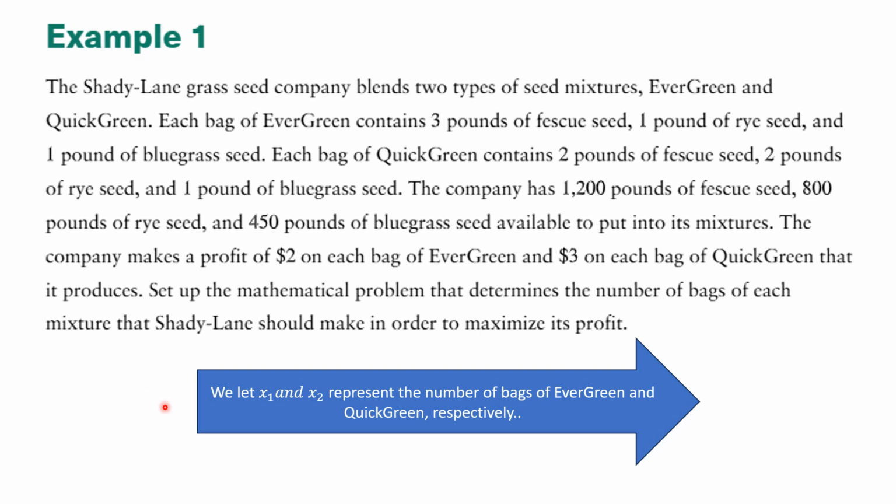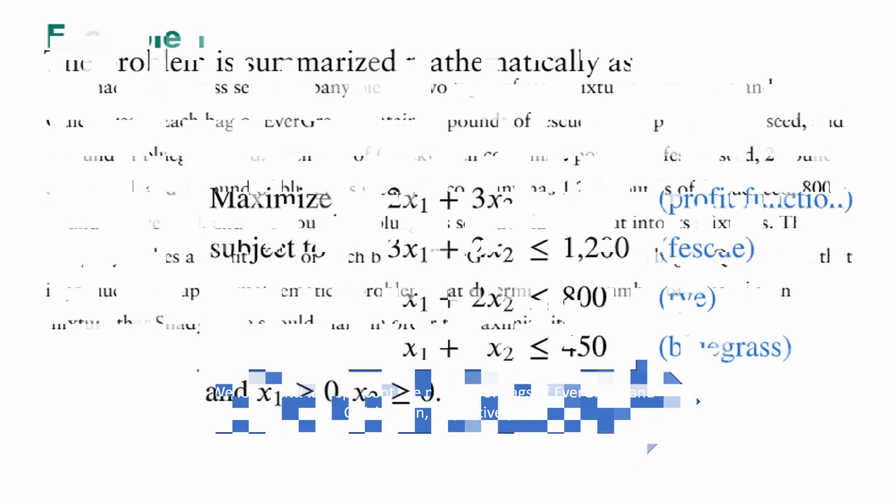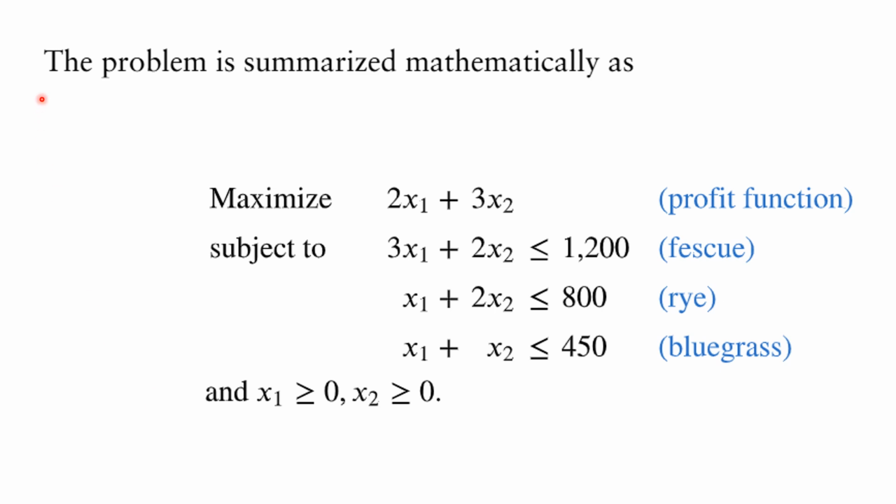So first we will let x1 and x2 represent the number of bags of evergreen and quick green respectively. The problem can be summarized mathematically as this. We want to maximize what we're going to call our objective function, that is 2x1 plus 3x2, that's the profit function, subject to what we will call the constraints.